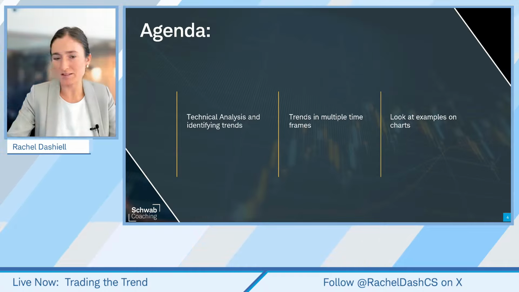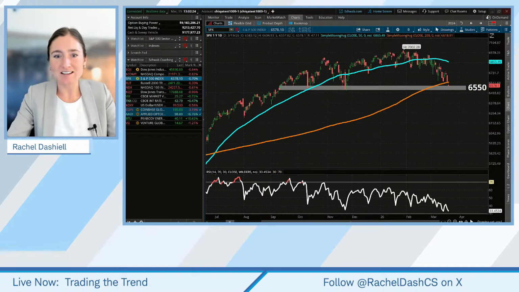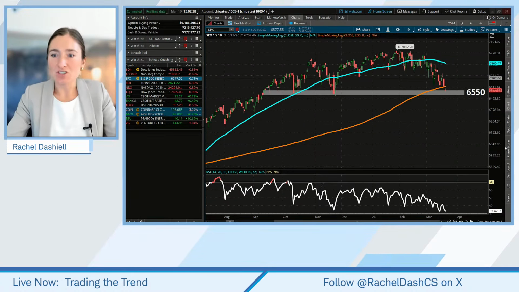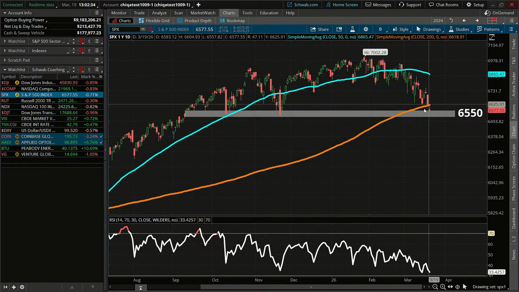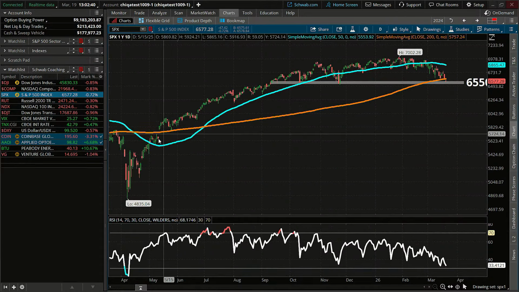Let's talk about what's going on with the major market indices, because we have had quite the move today. If we just look at what happened today, we can see that we lost that crucial 200-day simple moving average. The last time we traded below that was back in May and April.